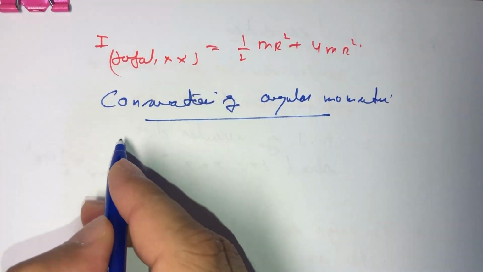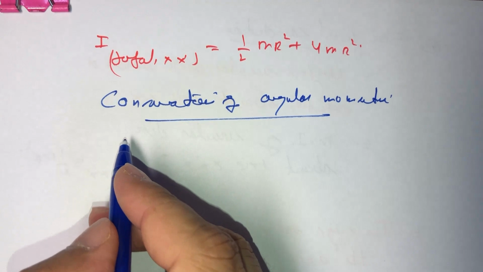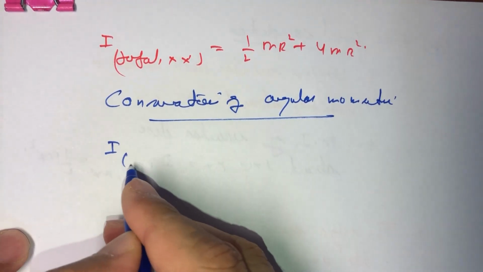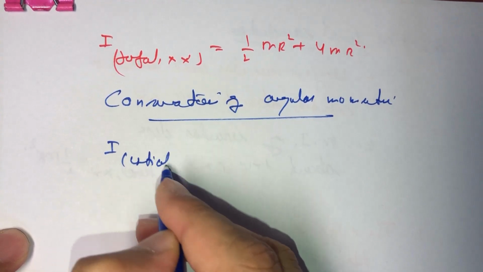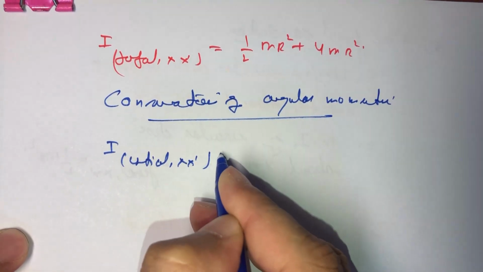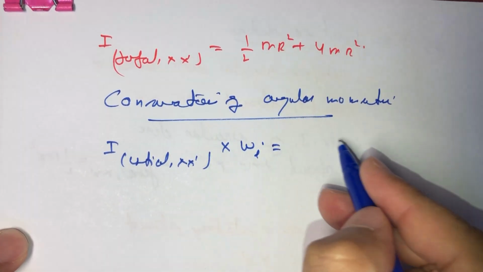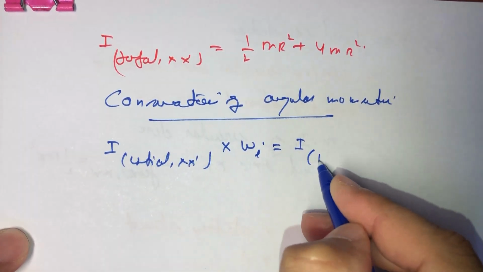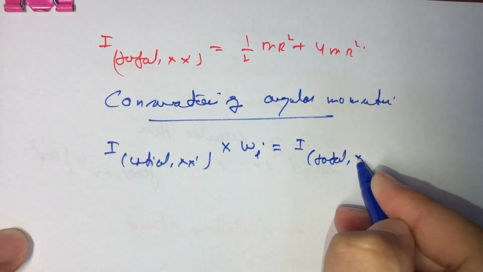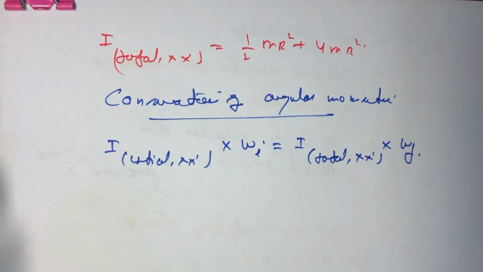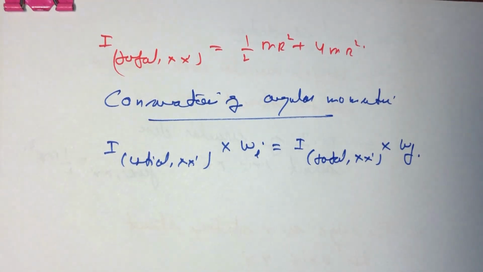We can say I initial about axis x prime multiplied by the angular velocity omega I will be equal to I total about axis x prime multiplied by omega f, the angular velocity which we are supposed to find out.